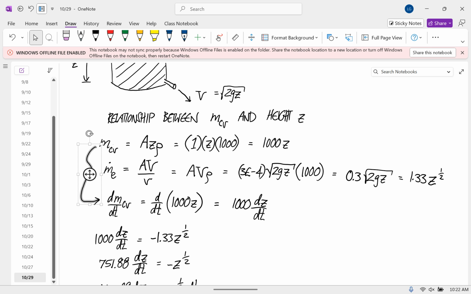I think that would be a little more tedious. You could do it, of course, but it would be more tedious. I think this is definitely a more straightforward way to express it all in terms of z. Okay.